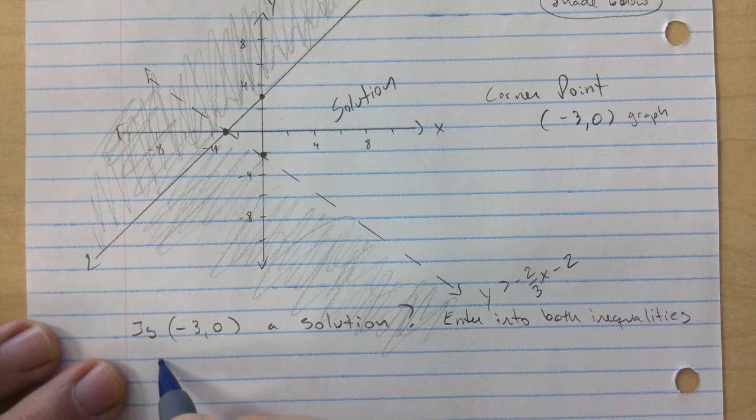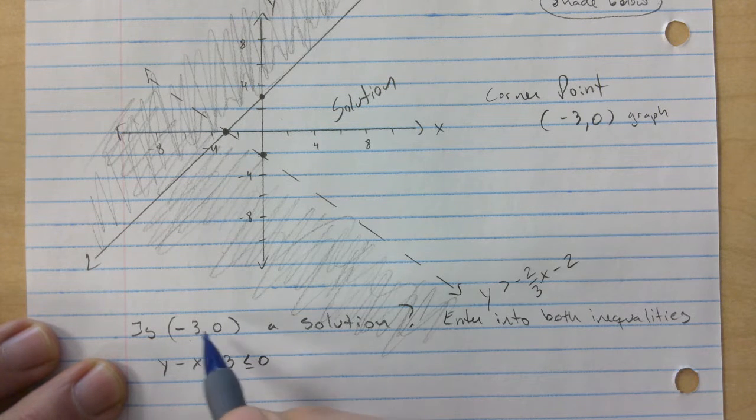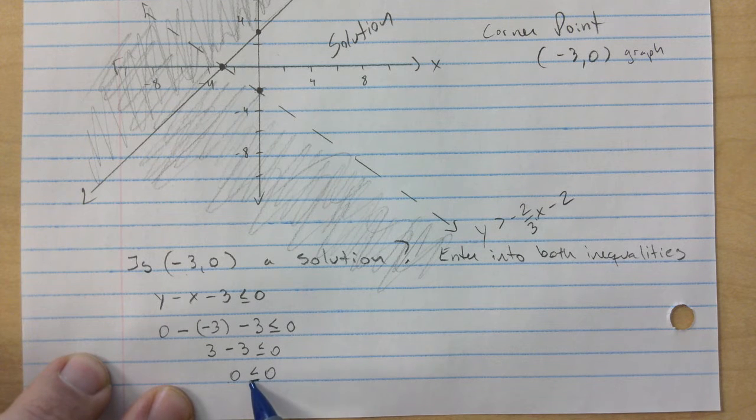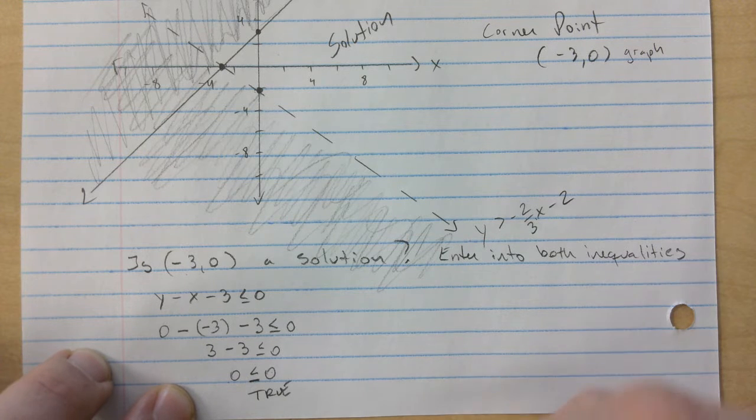So remember the one up there, the original, I would use the original if I were you. And so you plug in -3 for x and 0 for y. So it's 0 minus -3 minus 3 is less than or equal to 0. This turns into a positive. So that's 3 minus 3 is less than or equal to 0. Is this true? Yes, it is because of the equal sign. So this is true. So far it's doing okay.